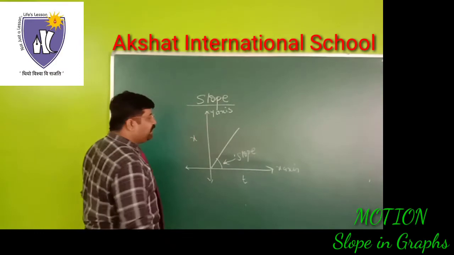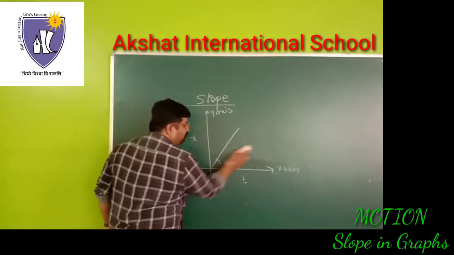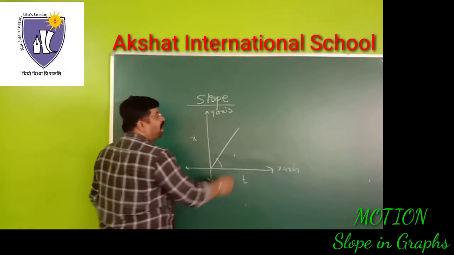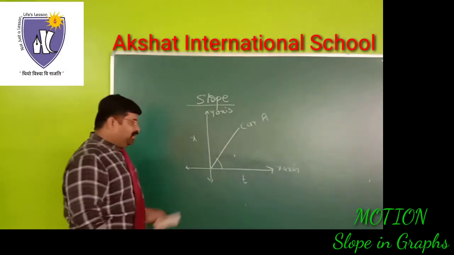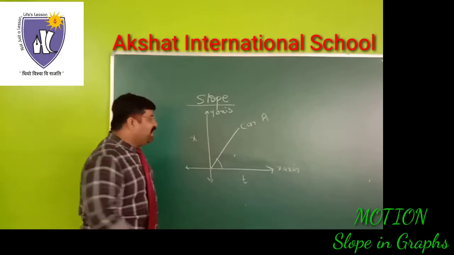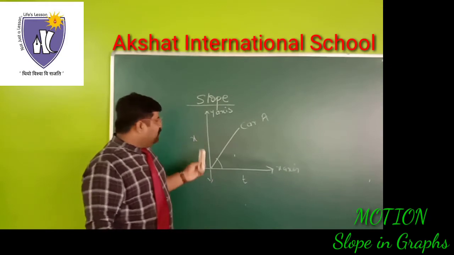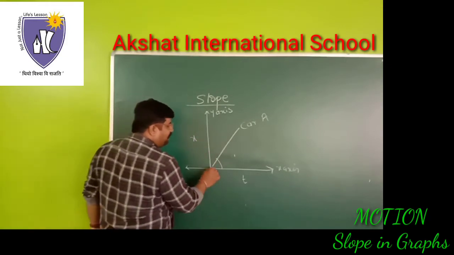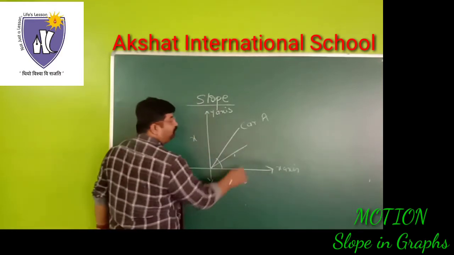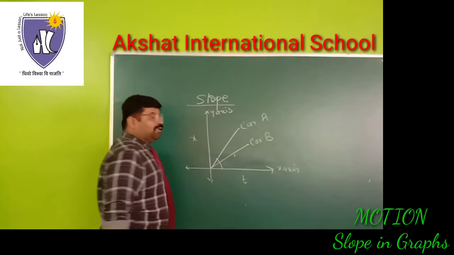Let's take an example. Suppose this is the graph for car A. The car is moving uniformly, and this graph represents the position, distance and time. Now suppose I have another car, say this is car B.